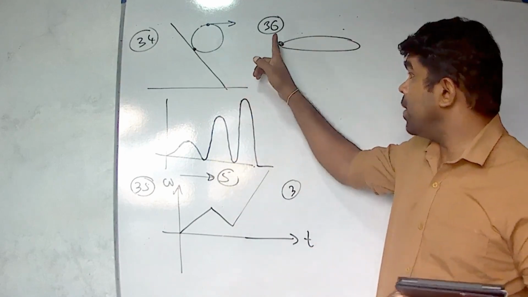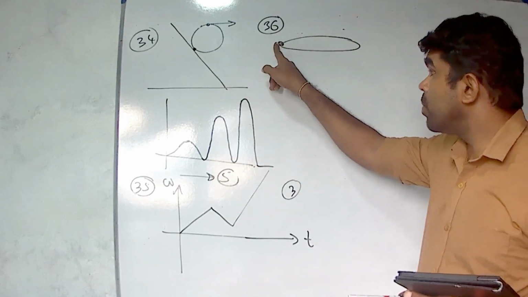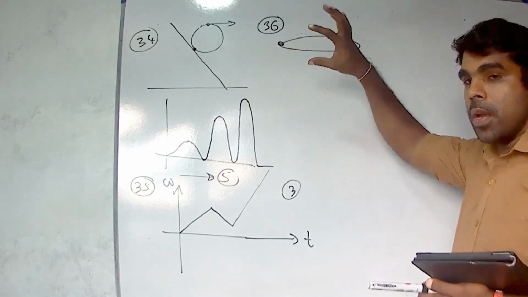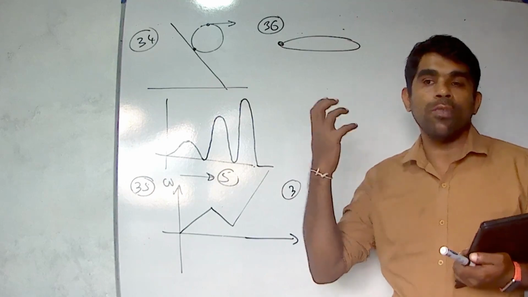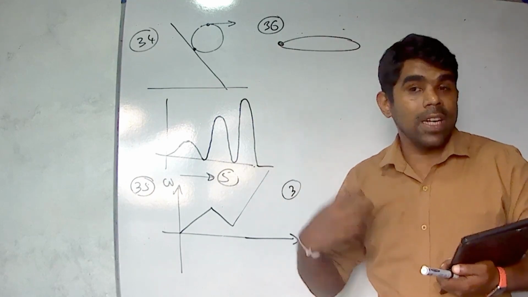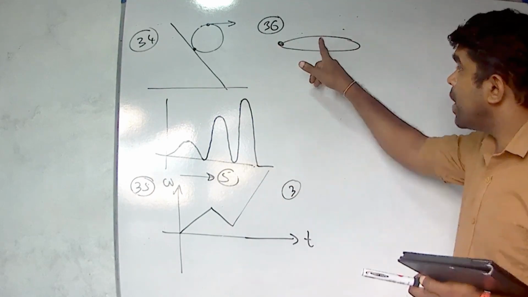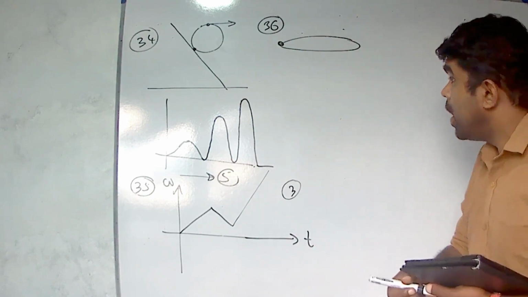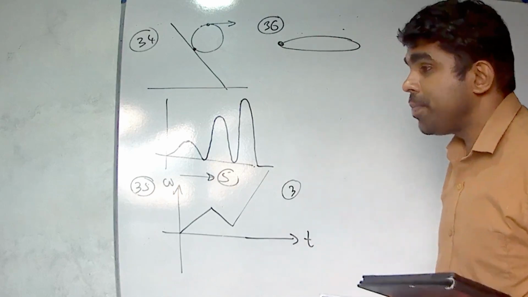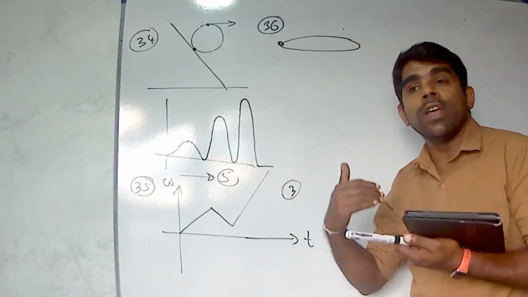Then, when the child is moving from this point to the center, the moment of inertia of the system is decreasing because the mass spread is decreasing. After passing the center, again the moment of inertia is increasing. When the moment of inertia increases, we know that angular velocity is decreasing.